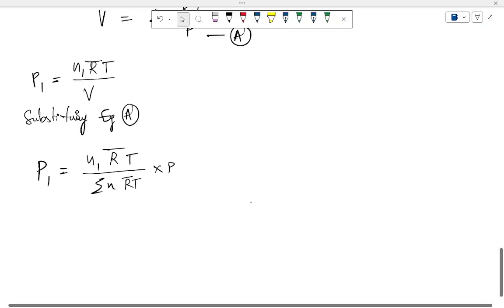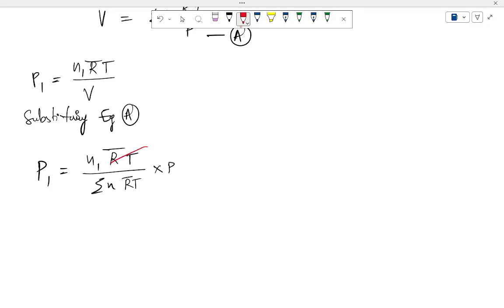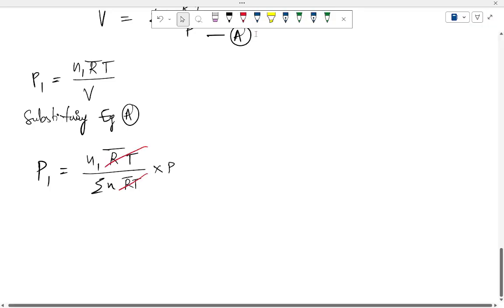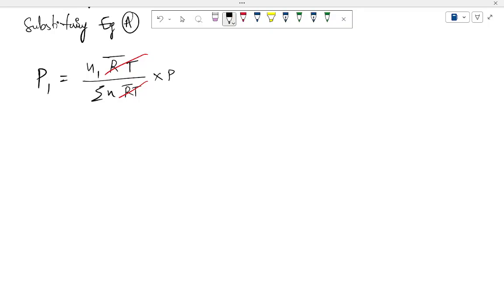Now I can cancel out the R bar T in the numerator and denominator. So P1 will turn out to be N1 by sigma n into P. So P1 can now be written in terms of my mole fraction x1. This is the purpose why we define the mole fraction: we can calculate the partial pressure using the mole fraction.